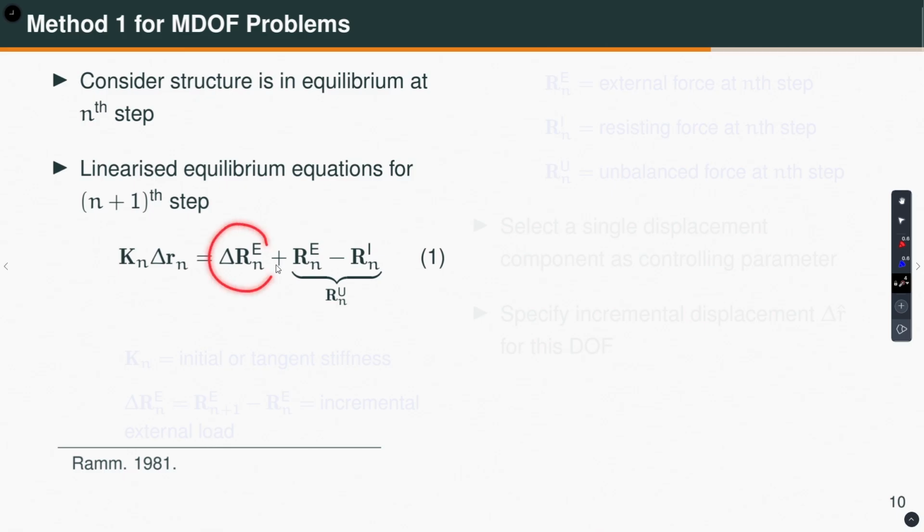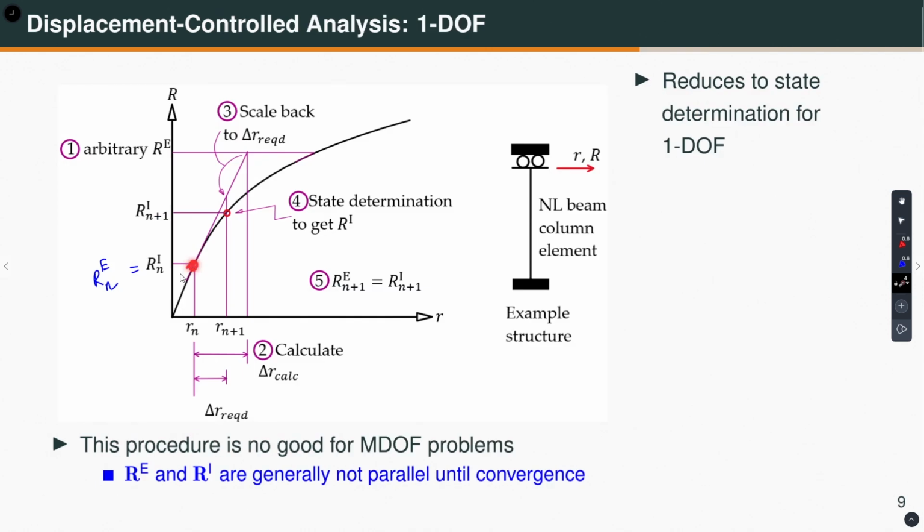So let's say I want to apply this much load. So I can write my tangent stiffness multiplied by the incremental displacement vector is equal to this incremental external force vector plus this unbalanced force from the previous step. Now this step is an equilibrium step.